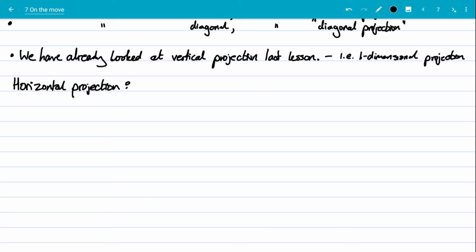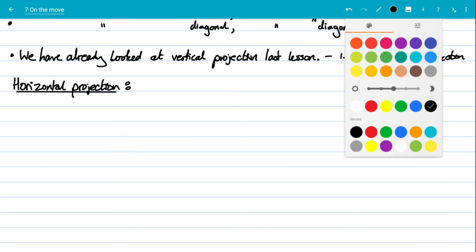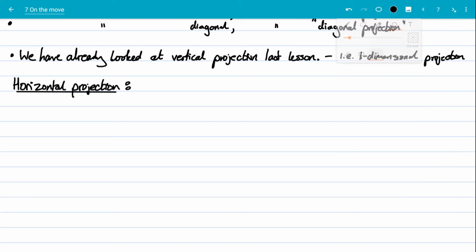Now with horizontal projection, we have the initial velocity of the body horizontal, but the acceleration is still vertical. So let's imagine that we had a picture showing what was happening. We would have our body like this.